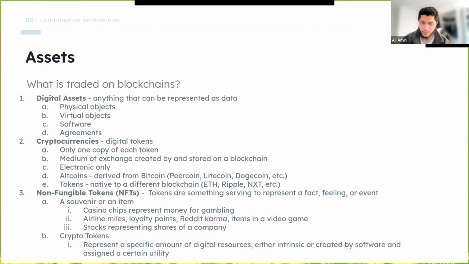Fungible means that you can trade something for something else and they have equal value. If I give you a $10 bill and say, give me two $5 bills, they're worth the same thing. Or if I ask you to trade me a $10 bill for a $10 bill, no value was exchanged.